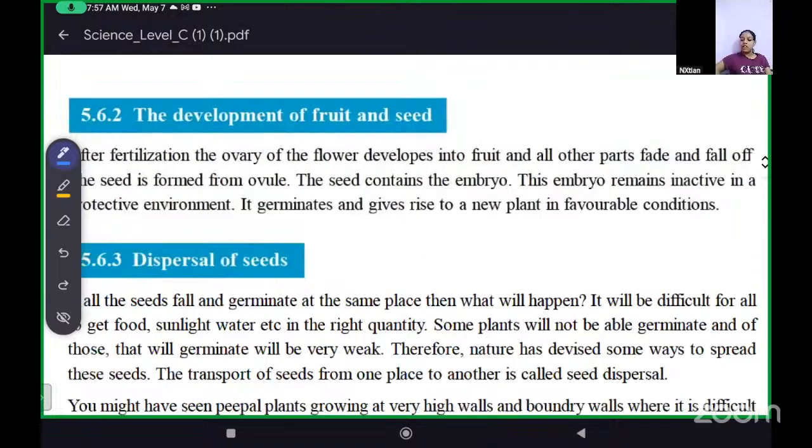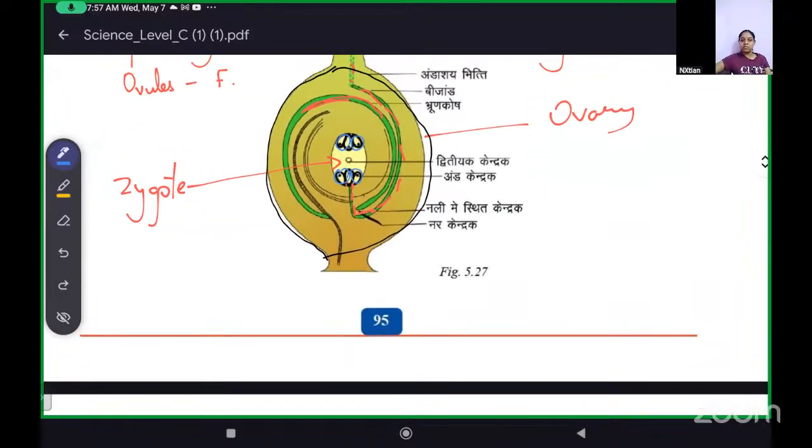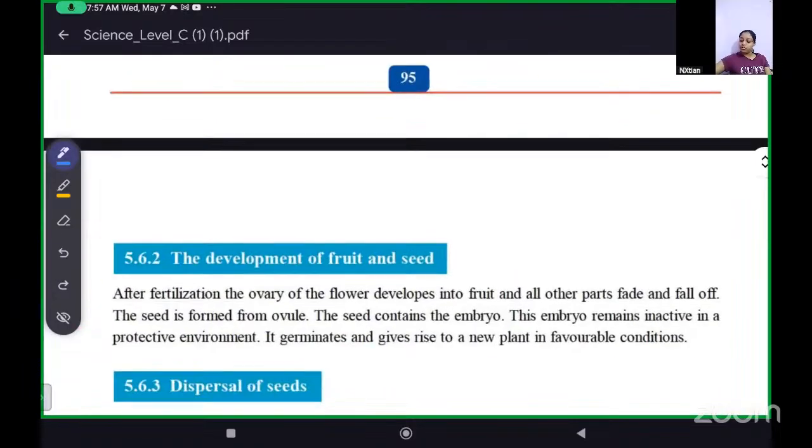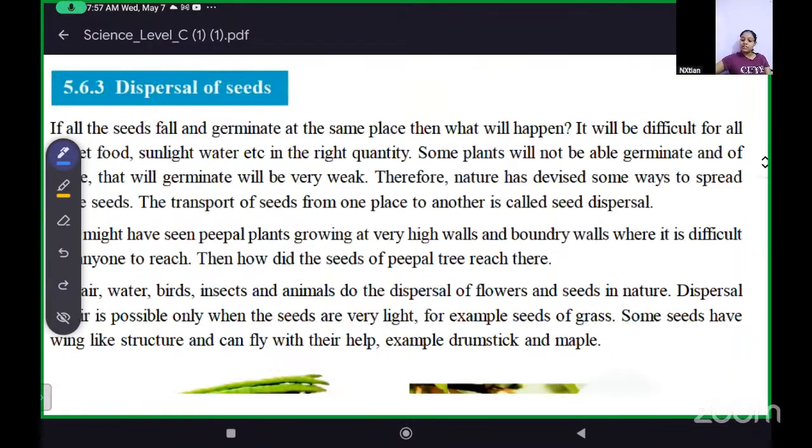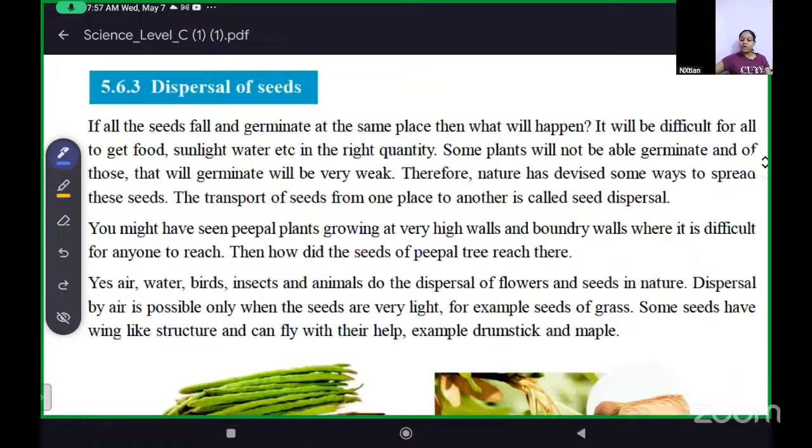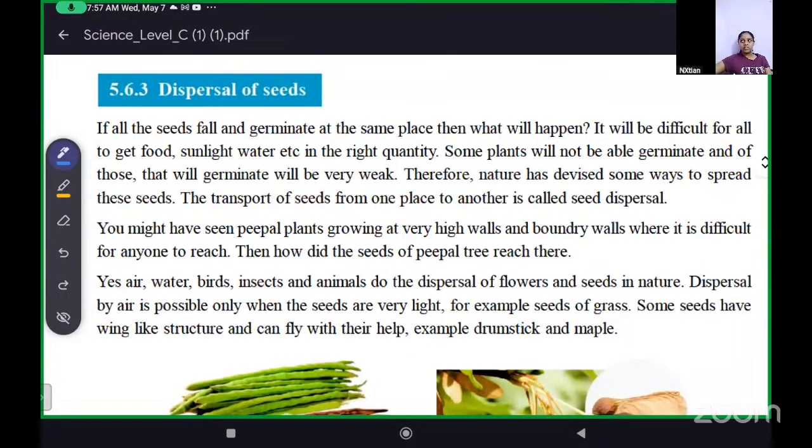So understood how fruit is formed with the ovary? Yeah. It develops into a fruit. Now, dispersal of seeds. Like I said, these seeds need proper conditions to grow into a plant. So how does this dispersal of seeds happen?